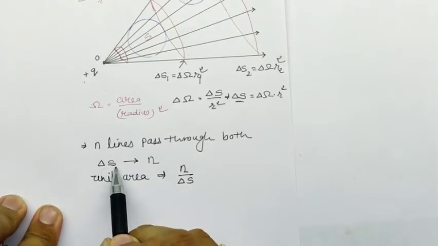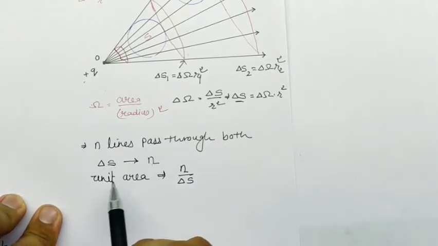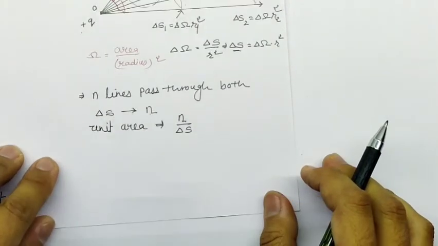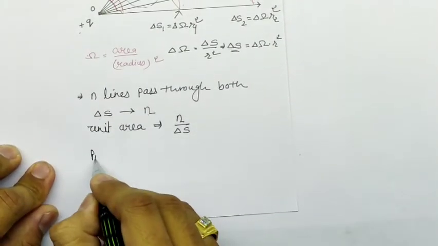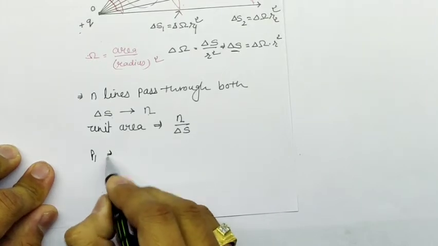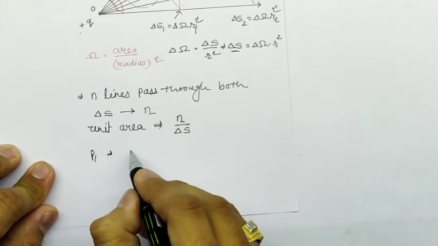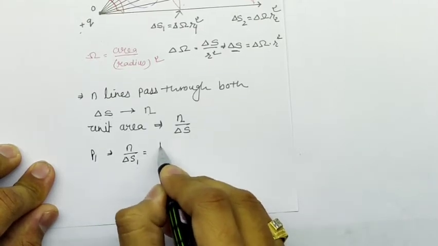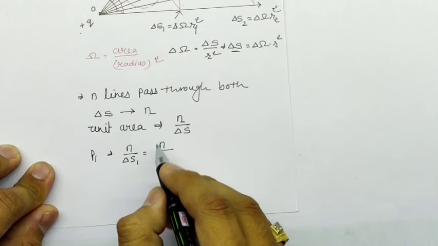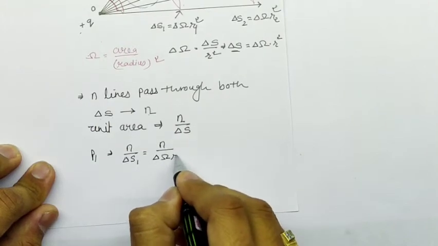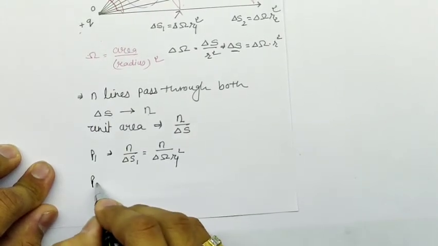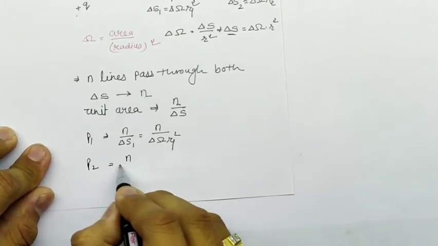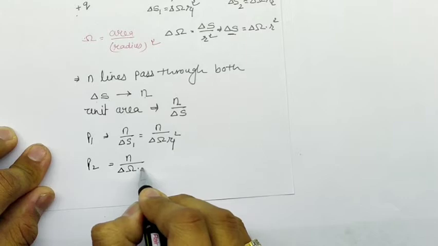So for P1, it is n divided by delta S1, which equals n divided by delta sigma into r1 square, and for P2, it is n divided by delta sigma into r2 square.